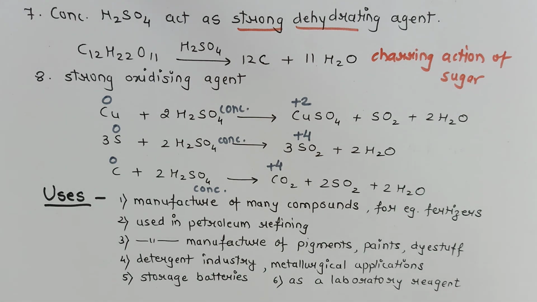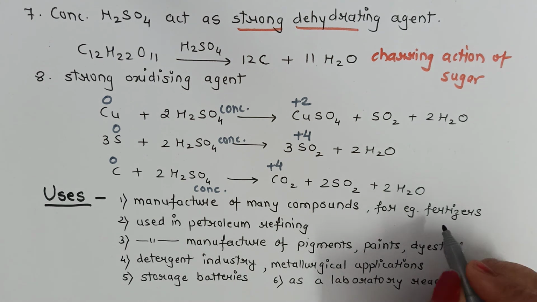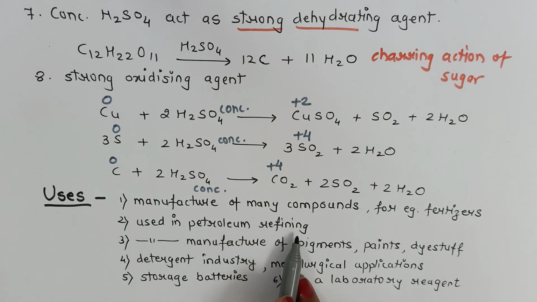Sulfuric acid, as I have told you just now, is called the king of chemicals. Sulfuric acid is a very important industrial chemical. Actually, a nation's industrial strength can be judged by the quantity of sulfuric acid it is producing and consuming. So it is needed for manufacture of hundreds of other compounds. Like it is used in the manufacture of fertilizers. It is used in petroleum refining.